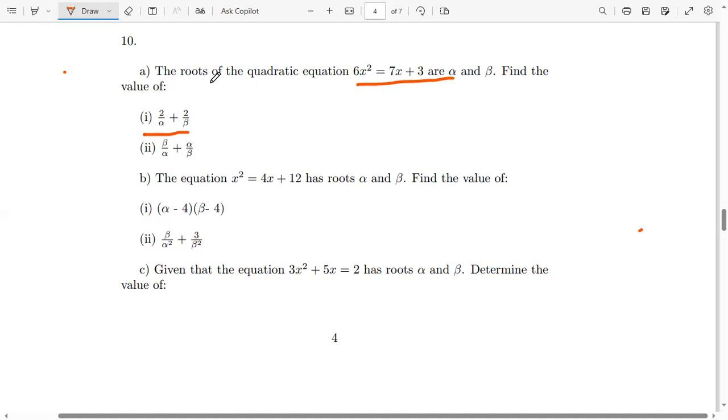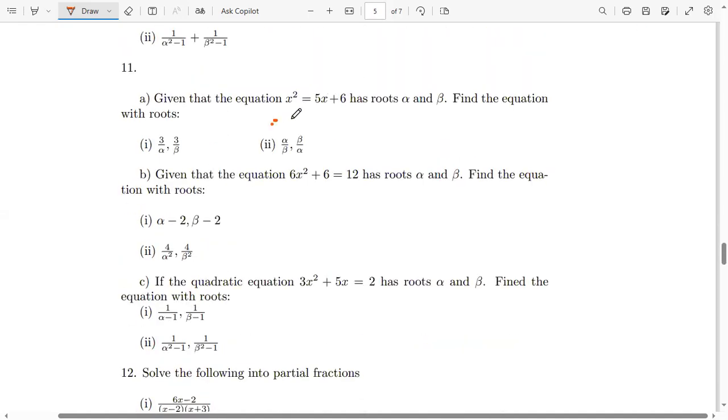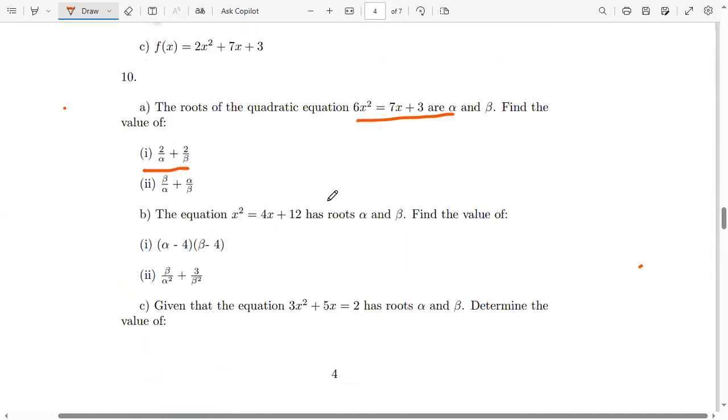The other is where you are given an equation and asked to find a new equation for a specific set of roots. Those are the two types of questions we have on the alpha and beta roots.